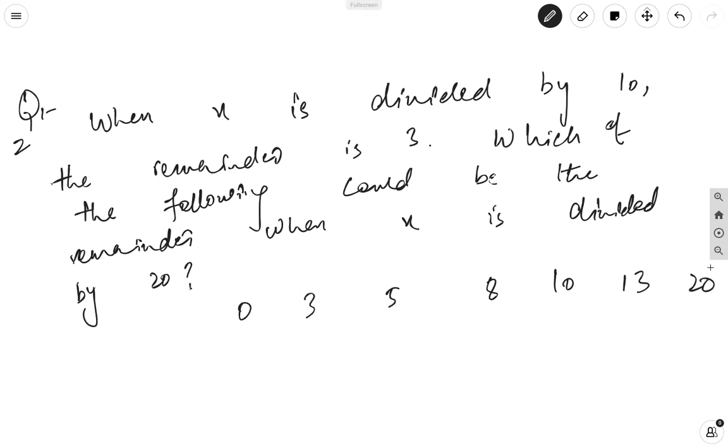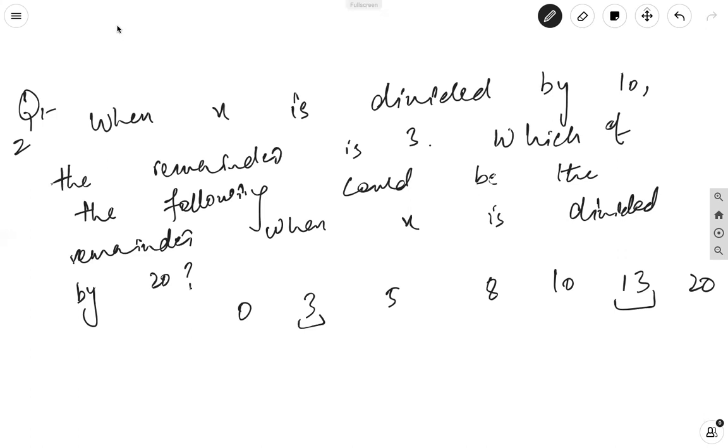We have just 1 minute to solve this question. When x is divided by 10, the remainder is 3. Which of the following could be the remainder when x is divided by 20? Just quickly solve this. Yes? 3 or 13. Okay, just quickly solve this question.